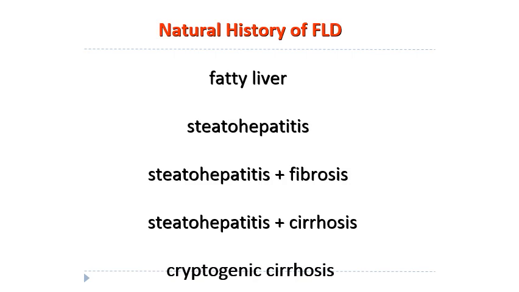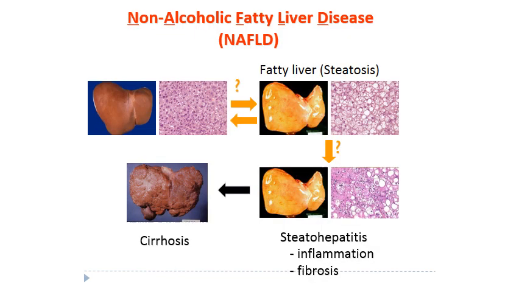So, the natural history of fatty liver disease starts with a fatty liver due to deposition of fat in the liver cells, then necroinflammation causing steatohepatitis, then development of fibrosis, and then cirrhosis on top of fibrosis, which is a good percentage of cryptogenic cirrhosis.